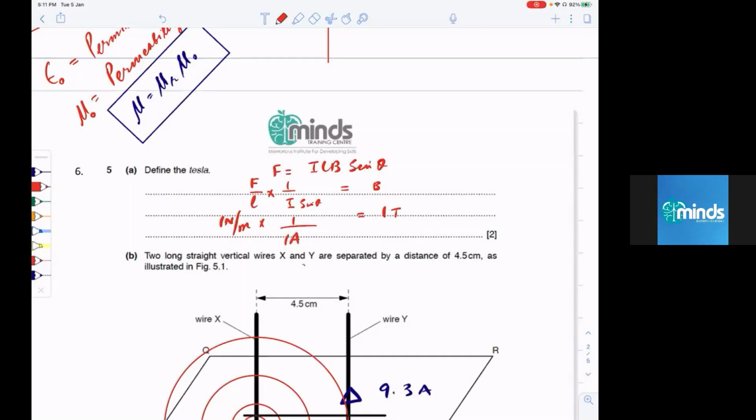How many of you were able to understand this definition? Could you repeat? Okay, 1 Tesla is the magnetic field of induction that can create a force of 1 Newton per meter in a conductor carrying a current of 1 ampere. Is it clear now? Yes, sir.